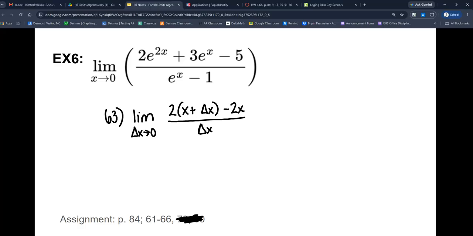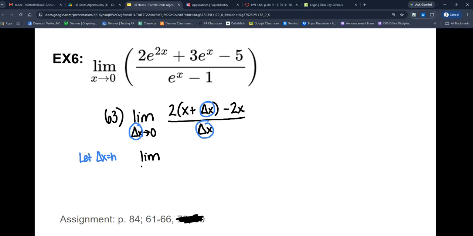Delta x is a single variable. It is not two things multiplied together. It is just a different variable. My suggestion to you, because it makes it less confusing to look at, is, if it was a free response, you would need to say let delta x equal h, and just change it to an h like we were doing.